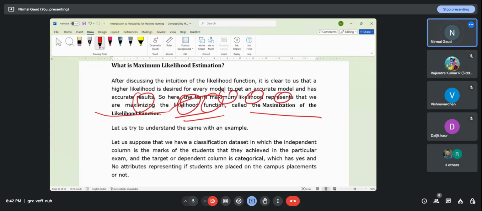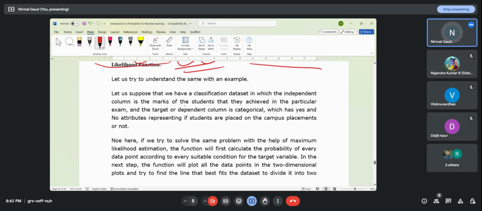Okay, so in reference to the model, how can this thing be explained? Suppose we have a classification data in which the independent column is the marks of the student that they achieved in a particular exam, and the target or the dependent column is categorical.